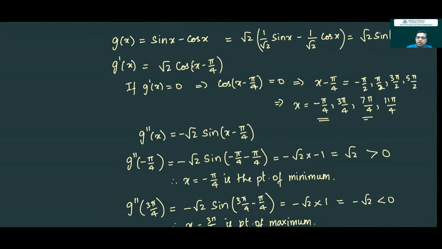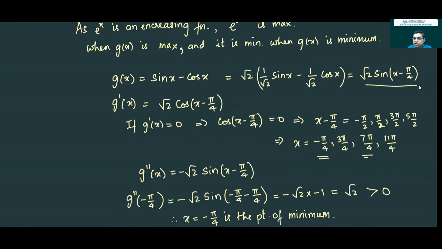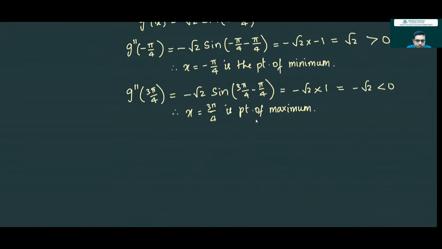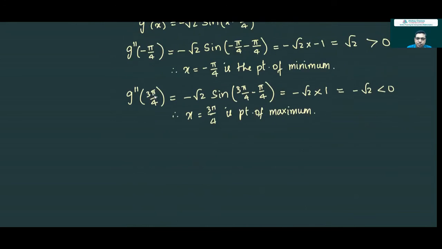All right. This function here is periodic with period 2 pi. So therefore, this will be a periodic expression. So minimum and maximum keep happening here.